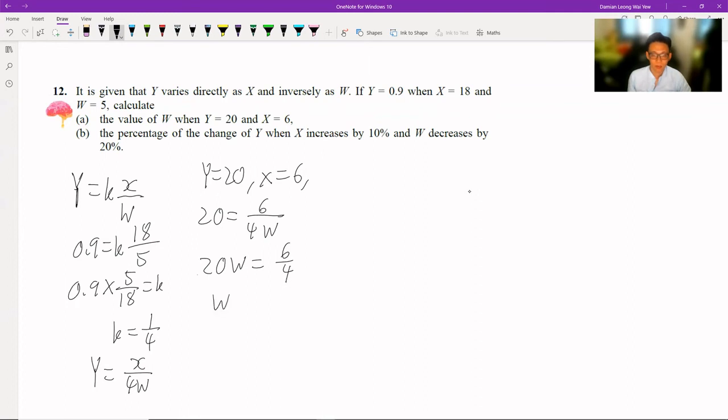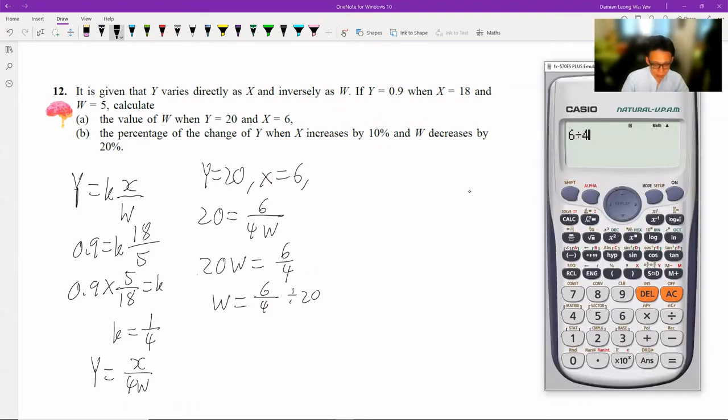Times 20, opposite is divide 20. So 6 over 4 divided by 20, I get 3 over 40. Or if you put decimals, then 0.075.